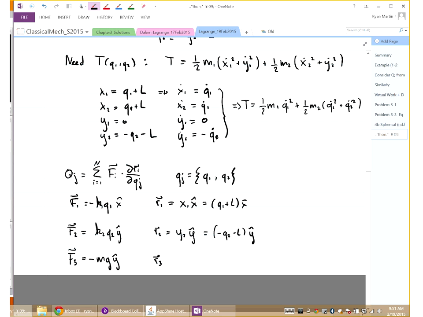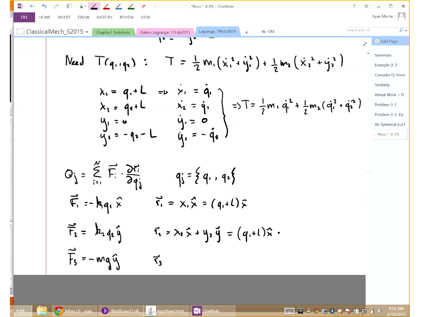And finally, R3. Oh, I'm sorry, R2 has both an x and a y component, right? Let me just cancel that. R2 is x2 x hat plus y2 y hat, right? And so that'll be x2, which is equal to x1, so that's q1 plus L times x hat.